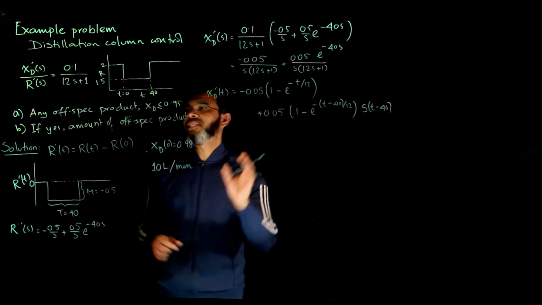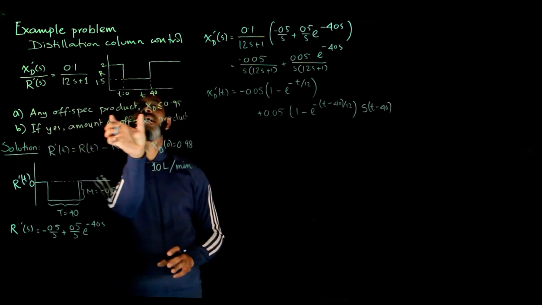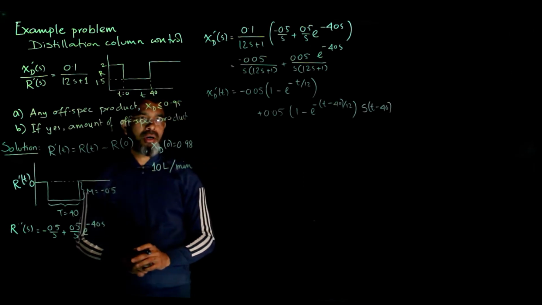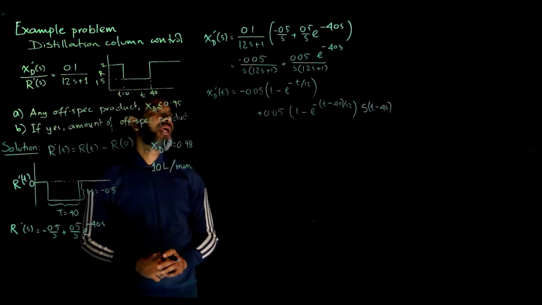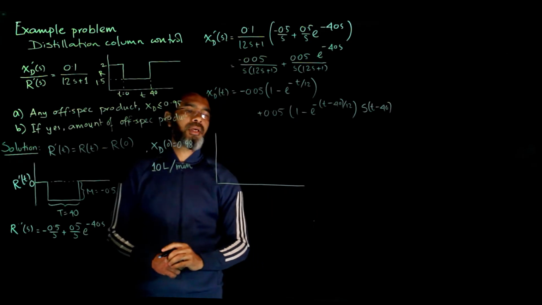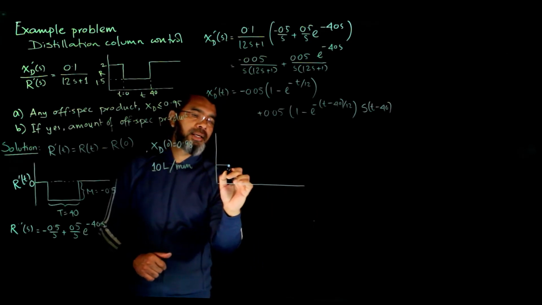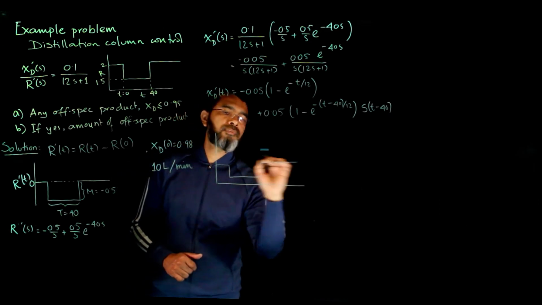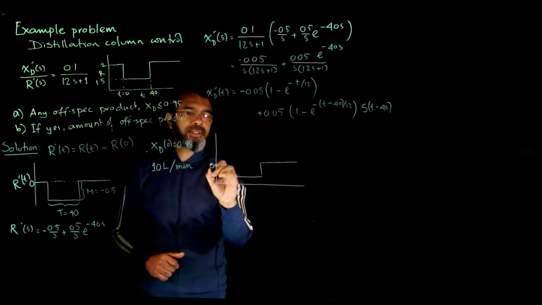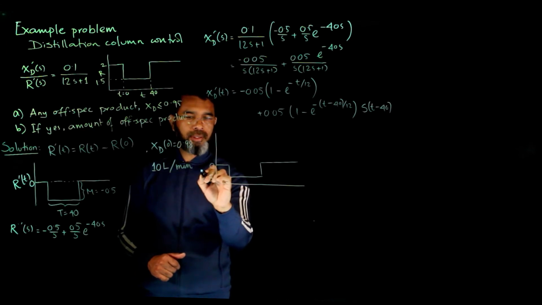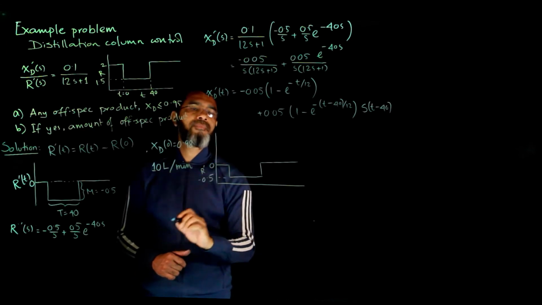So now to answer the first part, we have to figure out whether the value will go below 0.95 or not. Okay, look at the response due to the change in the input, something like this one. So these are 0, 40, R prime.